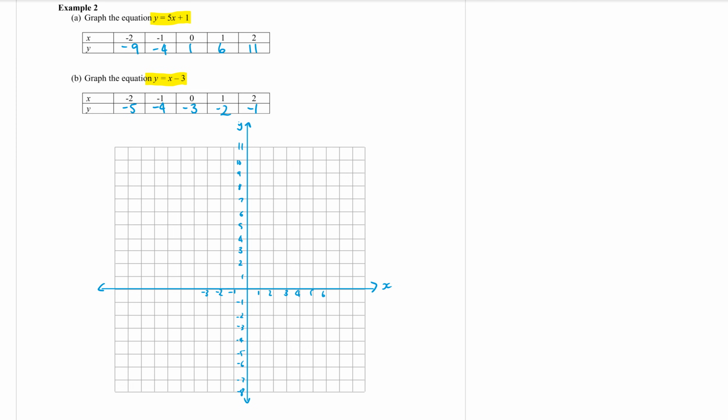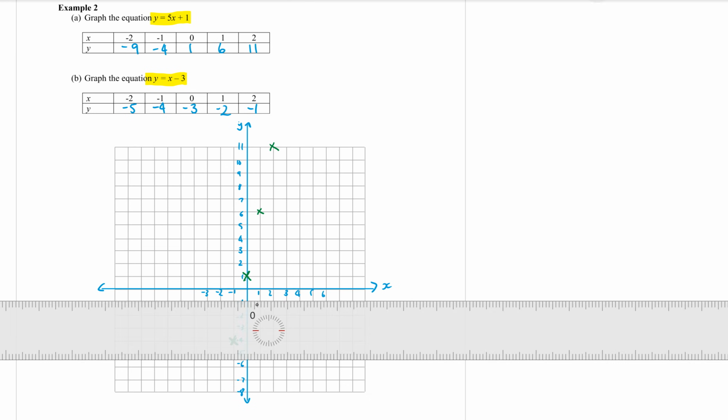Our next one is minus 1, minus 4. So minus 1 down to minus 4 is here. The next one is 0, positive 1 is there. 1, 6, 1 up to 6, and 2 up to 11.